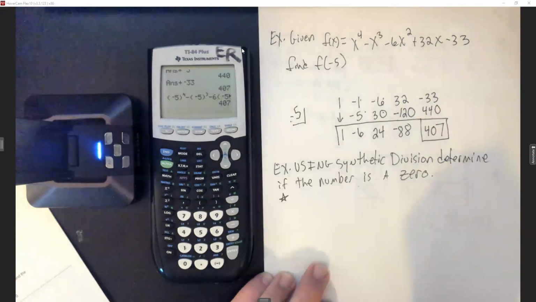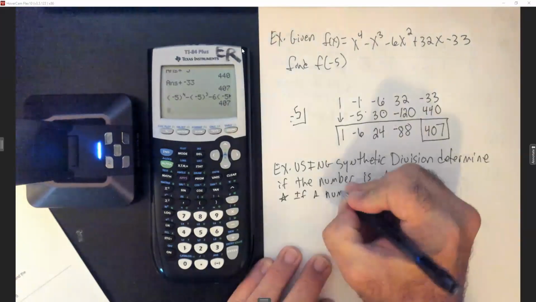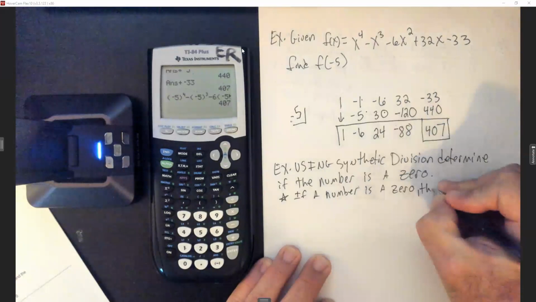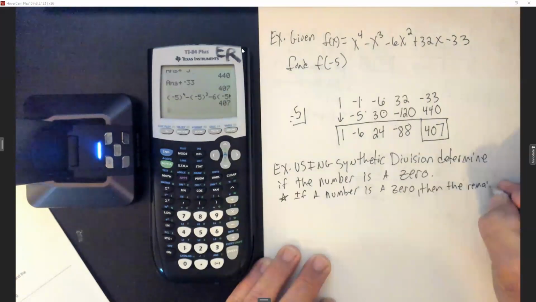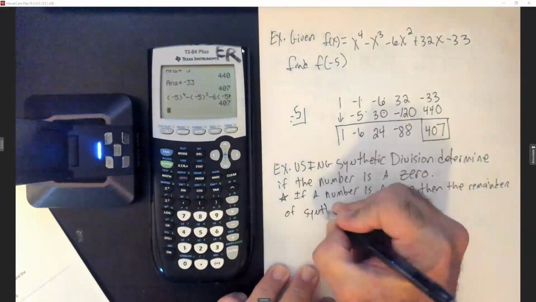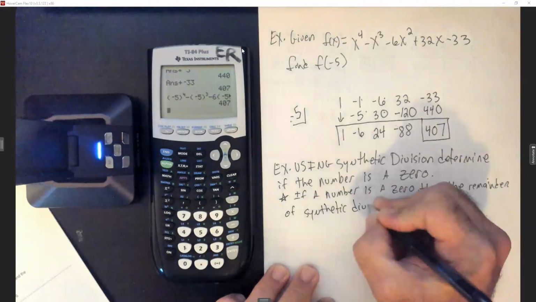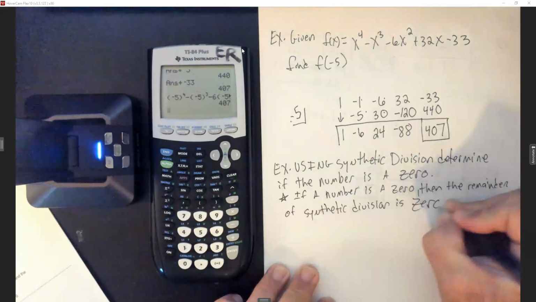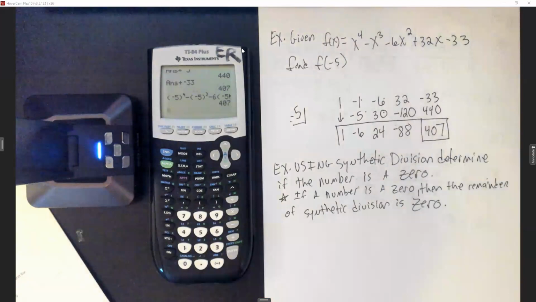If a number is a 0, then the remainder of synthetic division is 0. So if I get a 0 remainder when I use synthetic division on these numbers, then yes, they are a 0. If I get any other number for my remainder, then you got to put no on that, okay?